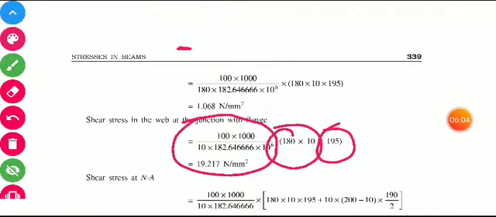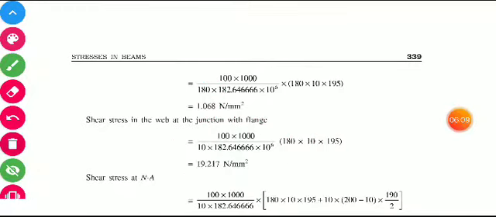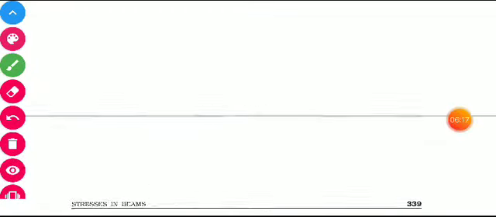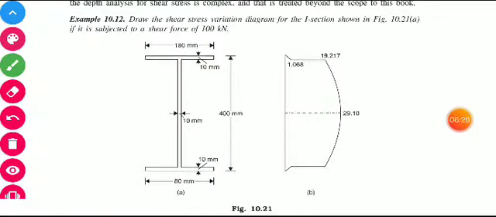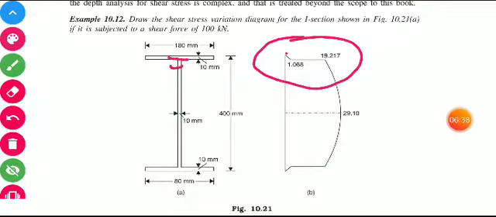But here one thing is changed: for the flange, b is 180, but here b is 10. Due to this difference, we get another shear stress value at the same point. That's why the graph takes this trend. At the top flange, the shear stress is 0; at the bottom of the top flange it is 1.068; and at the junction, this point, it becomes 19.217.